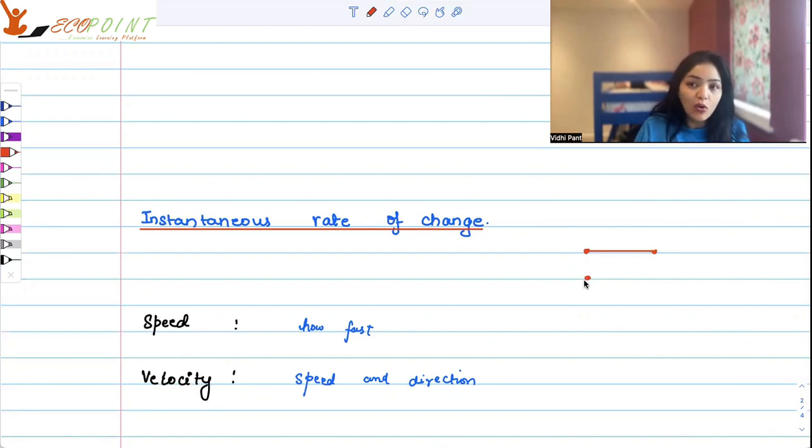That is why, in order to even understand the instantaneous rate of change. Now, instantaneous rate of change as such means कि एक instant पे क्या change हो रहा है? Rate of change क्या है? But rate of change you can only figure out when you have 2 points and some change is happening. तभी तो आप बताओगे कि okay, rate of change क्या है?